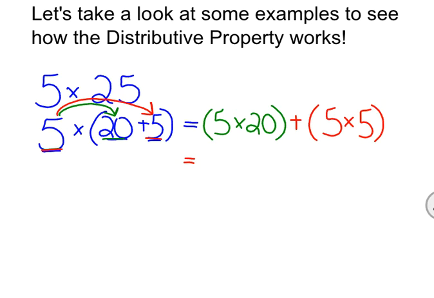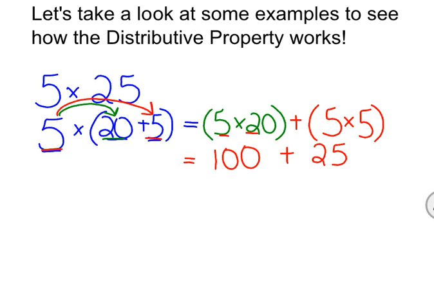And using my basic facts and patterns of zeros, I can now solve what 5 times 20 is. So 5 times 2 is 10, and my 0 makes it 100. And then I'm adding now what 5 times 5 is, and that's 25. So now I have two products.